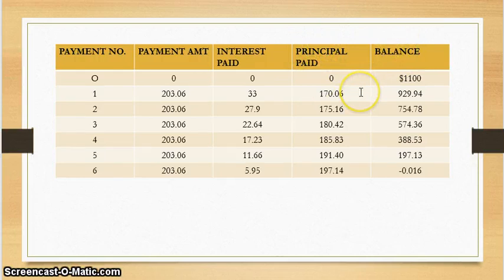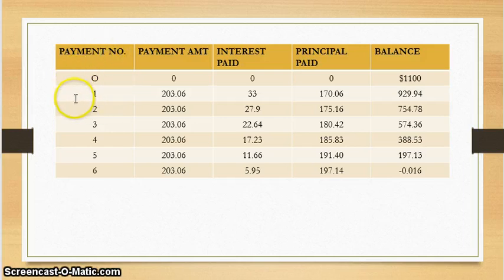And the fifth row the balance that is left from the paid principal. First of all, you know we have 6 payments, but at time 0, this is where we initiated our loan. This is where we got our 1100.